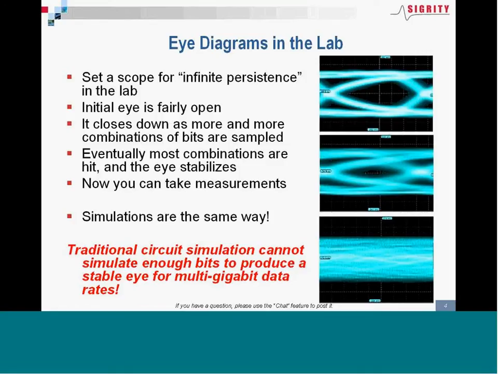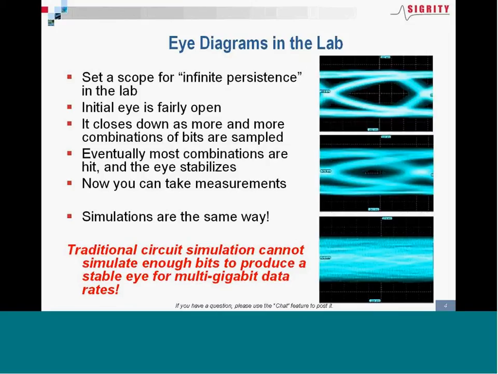But fundamentally, what's happening here is the sampling oscilloscope is taking a number of samples, looking at all different combinations of ones and zeros of traffic that comes in, and as it hits all these different unique combinations, it's closing down the eye diagram until eventually it stabilizes and stops.